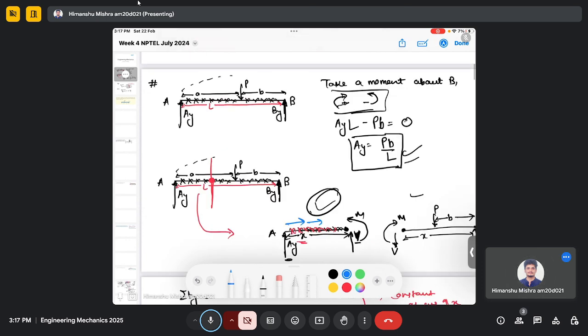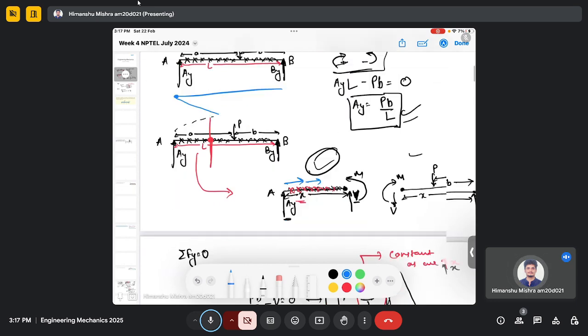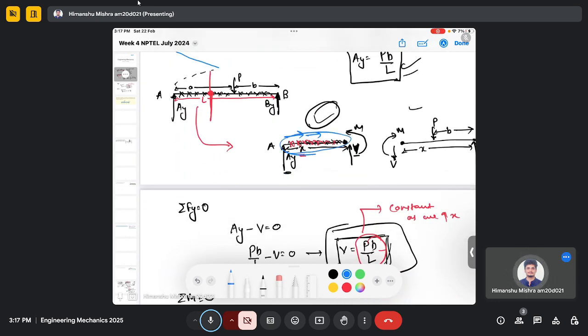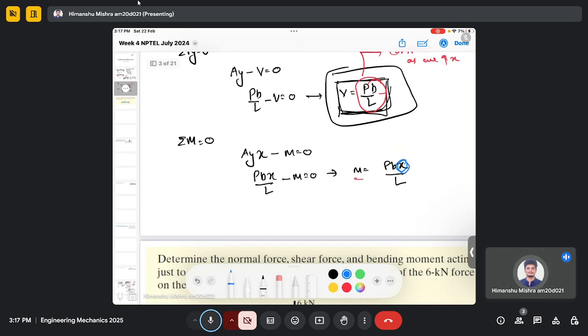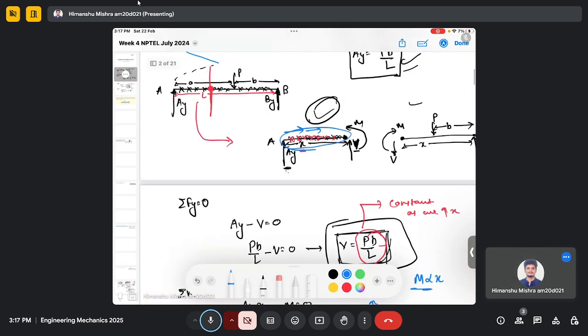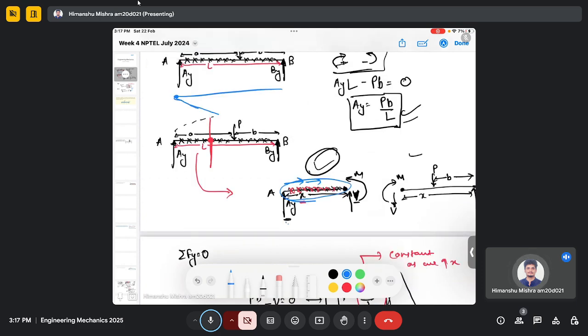For example, if you want to plot the bending moment, let's say your bending moment is minimum here, it keeps increasing even though there is no force acting here other than the force AY. Your bending moment is increasing because this x is increasing. So as this x increases, the bending moment also increases because the bending moment is directly proportional to x. And therefore you will have an increment in the magnitude.